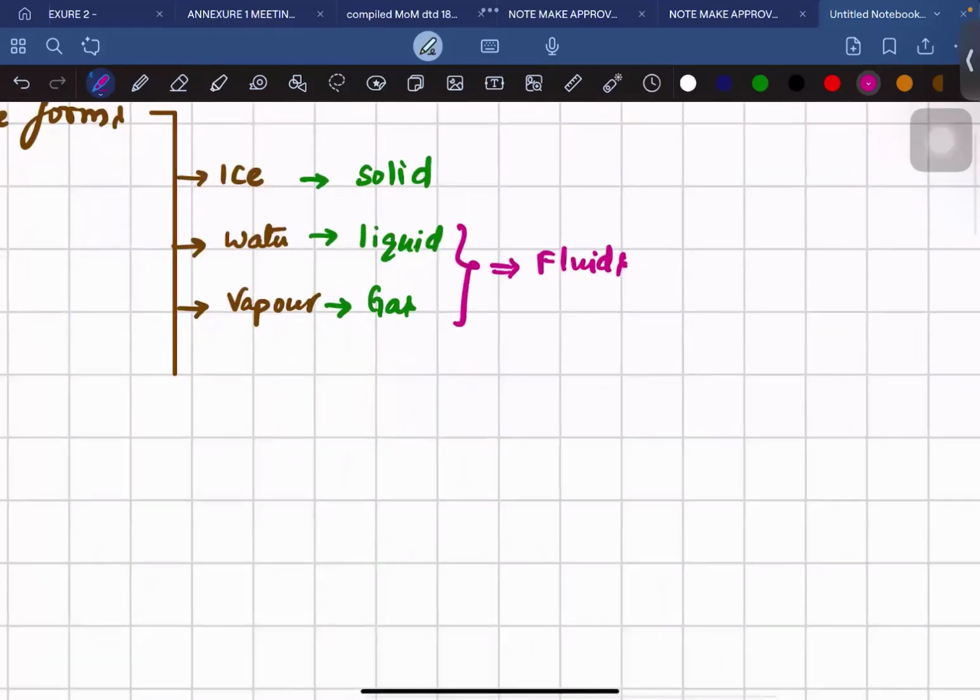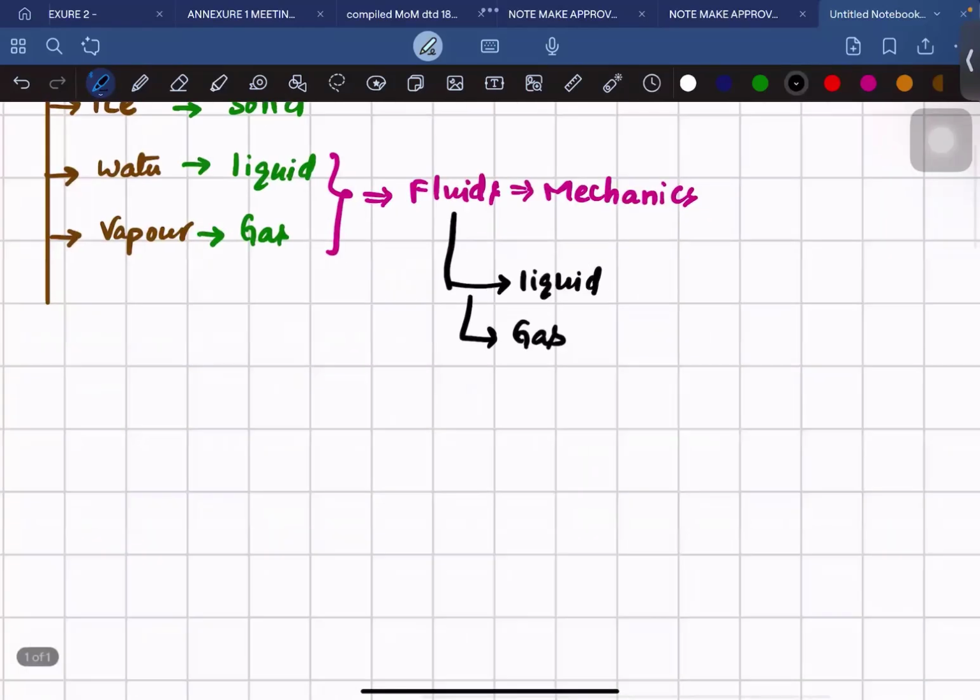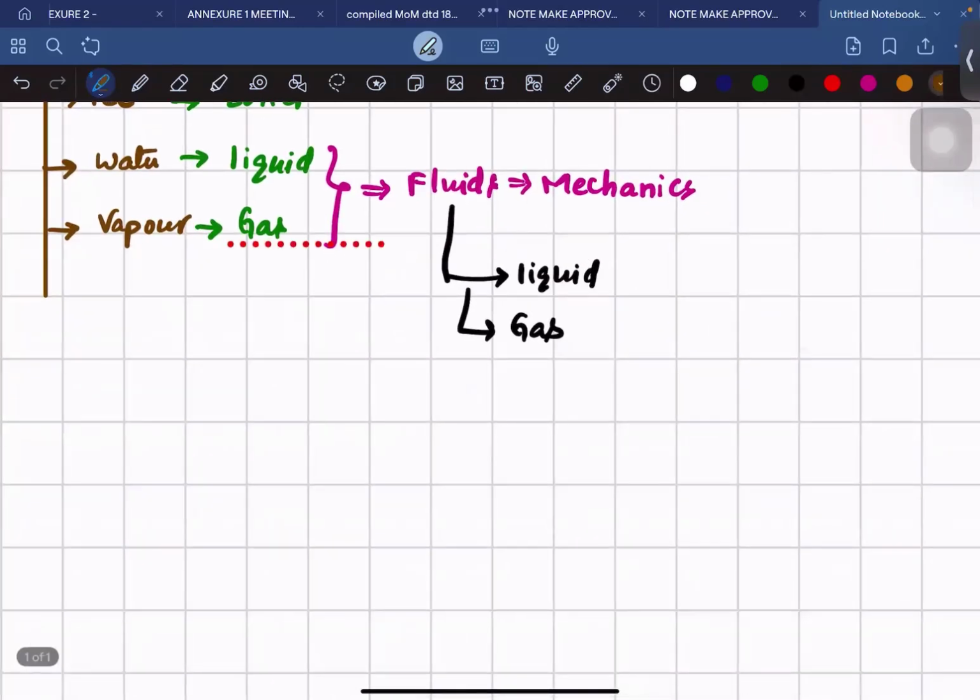And in this subject, we're going to study about fluids. That's why we have fluid mechanics, which means that we not only study liquids, but we also study gases. But to be very frank, for the FE syllabus, predominantly we're going to study liquids.